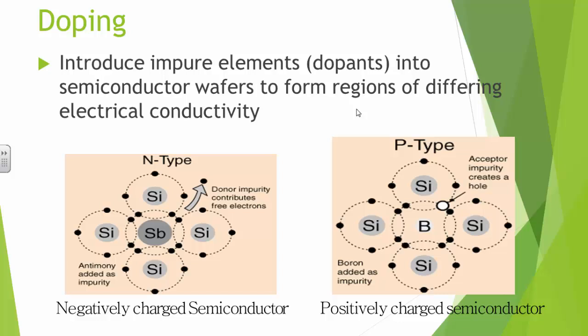So we have two kinds, an N-type, in which negative free electrons are the impurity in this lattice, and P-type, in which positive holes are contained as an impurity in this system.